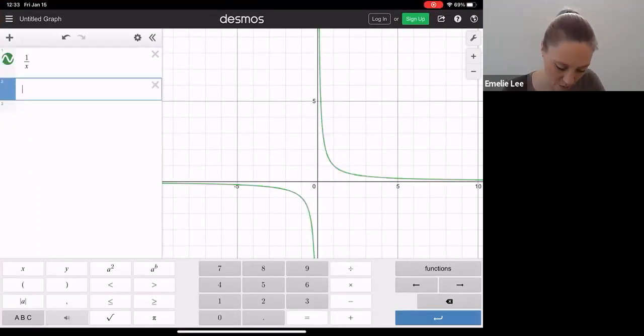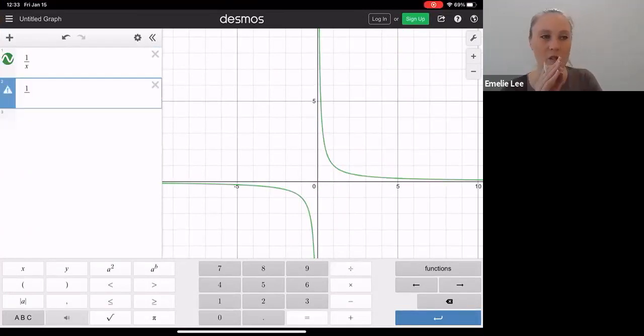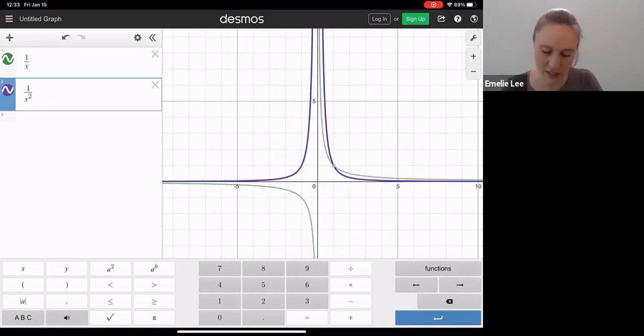What if I try 1 divided by x squared? And I want to make sure that my squared stays on the x down here, so just be careful. It did. Okay, so in general, we're going to have these asymptotes, and it just depends on if you've got even or odd powers of x again, right? And so, but once you know the general behavior, right?